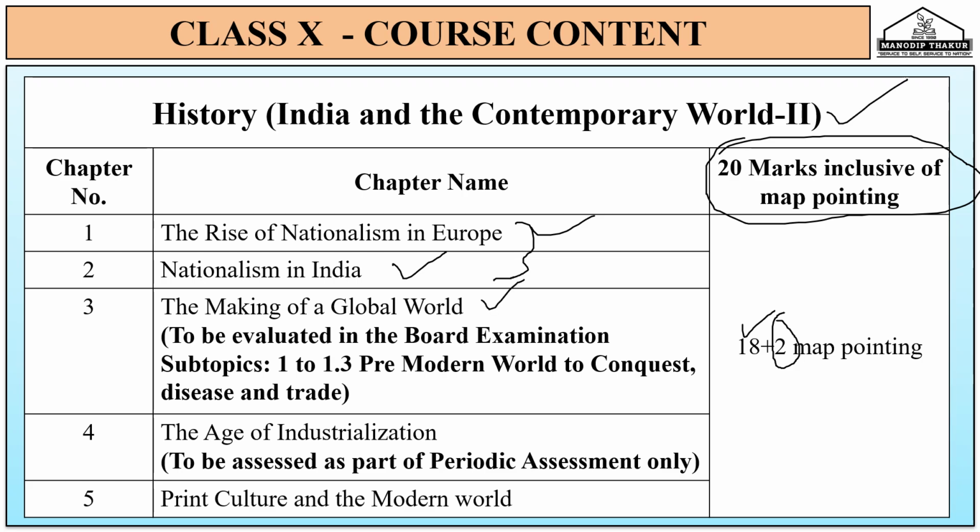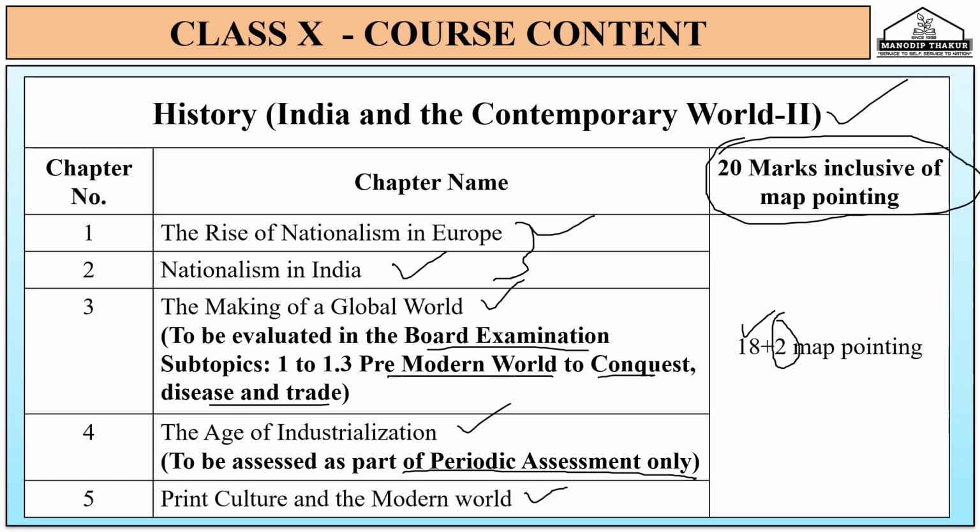The Making of a Global World: in this chapter only 3 subtopics will be asked in the board examination, that is from the pre-modern world to conquest, disease and trade. The fourth chapter, The Age of Industrialisation, will not be in the board examination and will be evaluated at school level; whatever questions are asked will be only in the periodic exams at school level.